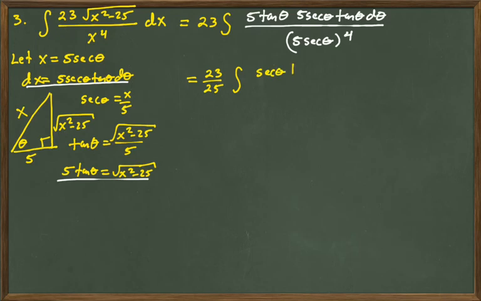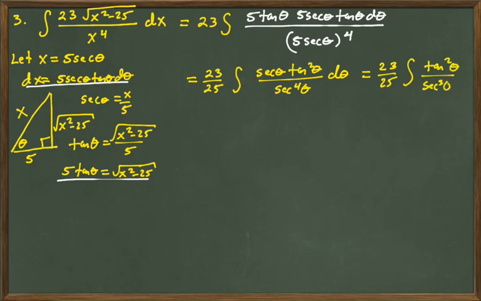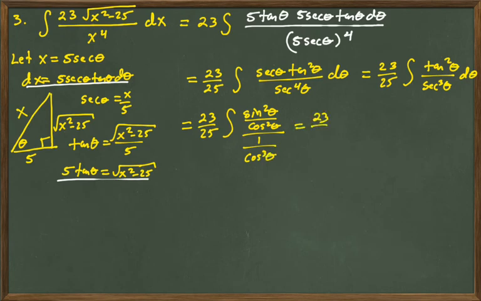Integral of secant of theta, tangent squared of theta, all over secant to the 4th theta d theta. So 23 over 25 integral of tangent squared theta over secant cubed theta d theta. We'll rewrite the tangent squared and the secant cubed as sine squared over cosine squared, divided by 1 over the cosine cubed of theta d theta.